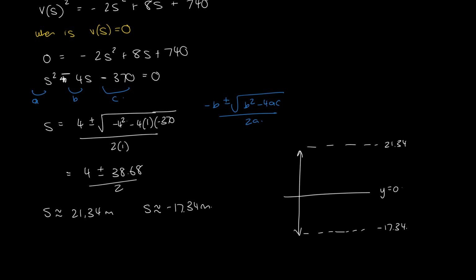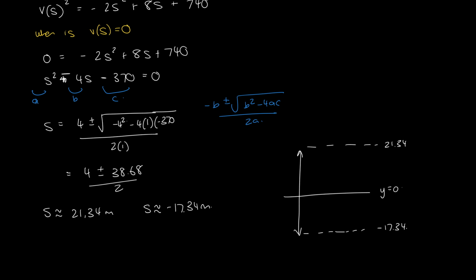So looking at that and just investigating the case where the velocity is equal to 0, it is going to crash into the land. But if we are not comfortable with that, we can find out exactly what is the velocity when it hits the ground by solving the velocity where s is equal to 0.